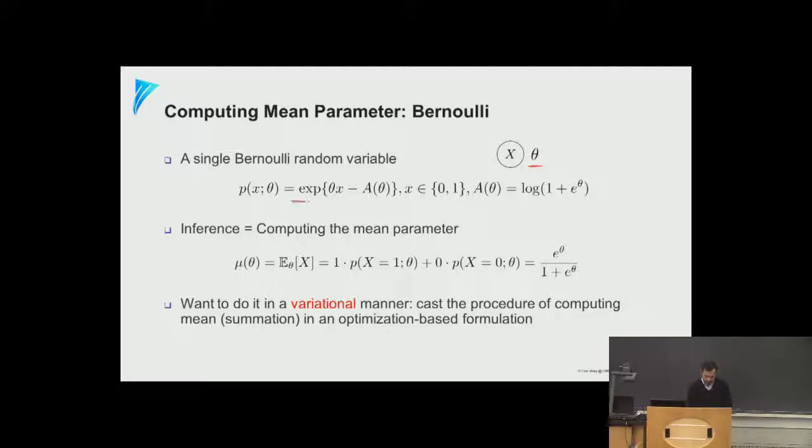Then we can write down the distribution like this, and A can also be expressed in closed form. That's because the whole definition of the distribution is very simple. Then inference, computing the mean parameter, basically takes the form of an expectation, and therefore a summation over all configurations weighted by their probability, right? So this one and this one, and we get this.